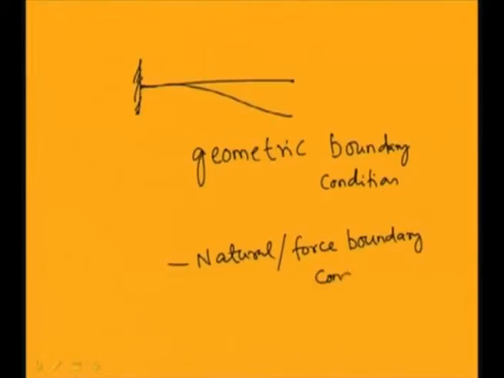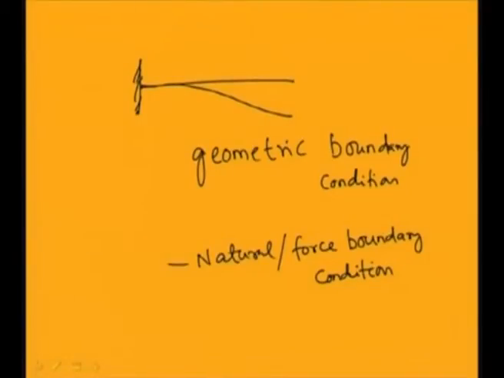Geometric boundary conditions are of geometric type, that is, displacement or slope. Natural or force boundary conditions are force in nature, force and moment. In this cantilever beam, the shear force and bending moment are 0 at the free end, but at the fixed end the slope and displacement are 0.